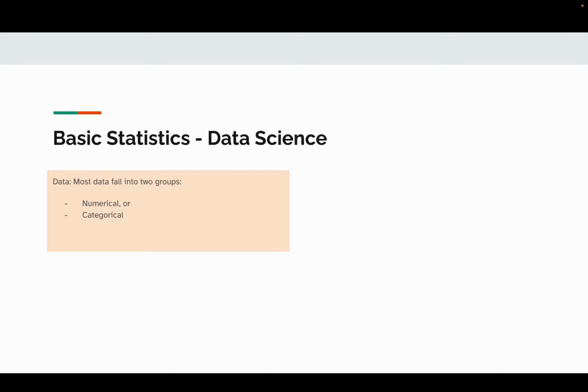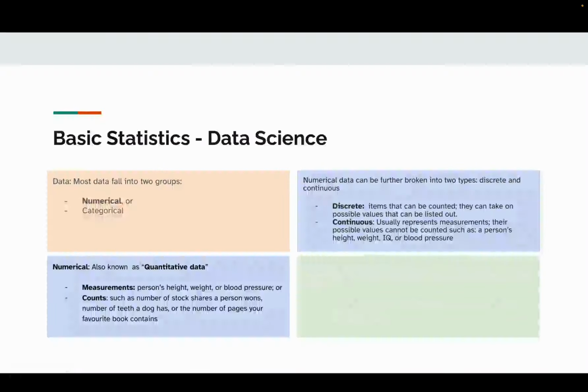In terms of statistics, we can categorize most of the data into two categories. One is numerical data, and the other is categorical data. Numerical data, sometimes known as quantitative data, can be of two types again. One is the measurement data, for example, your height or weight or blood pressure.